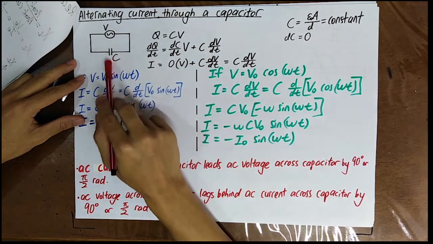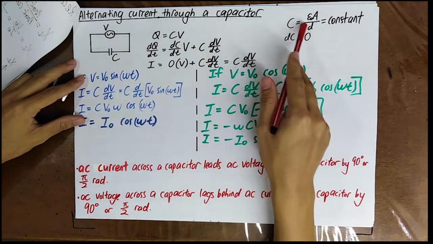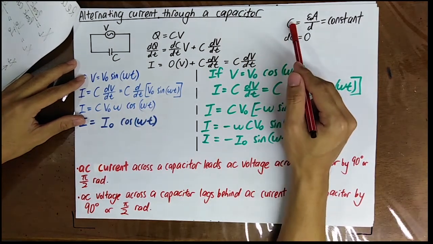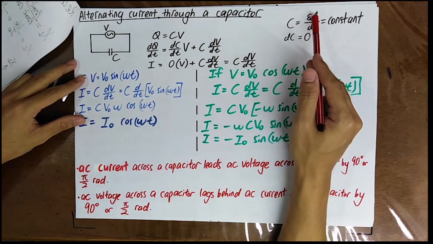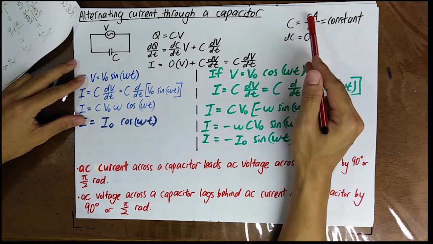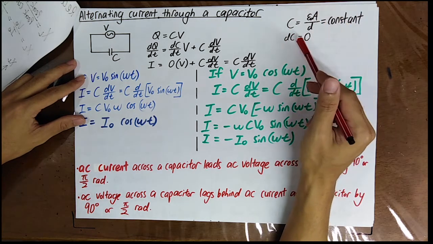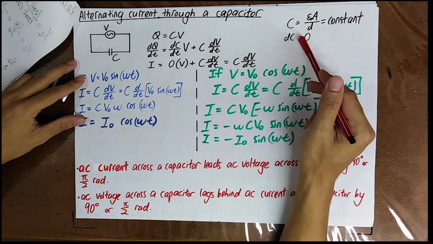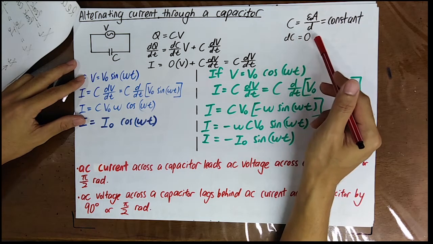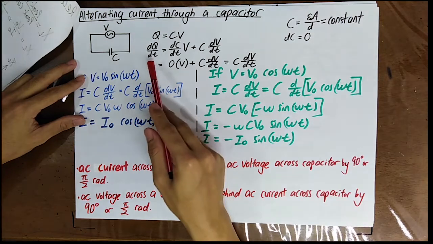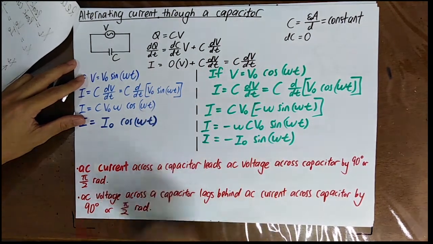But because the capacitance of a parallel plate capacitor is epsilon naught A over d, that means that the whole capacitance is just a constant. So there is no difference in capacitance. So dC equal to 0. And then only you get I equal to C dV/dt.